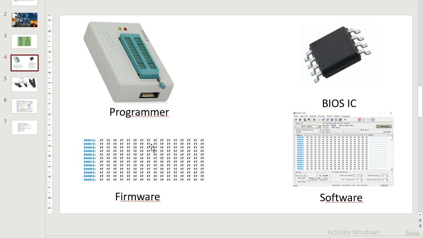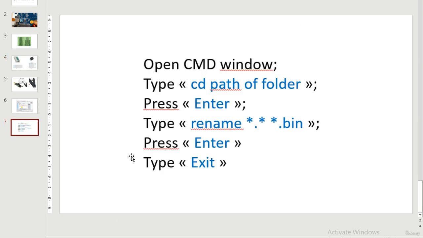You can just go to Google and, for example, type the model of the laptop or computer and drivers, and among the drivers you will find the BIOS driver, but as an executable file. So I taught you, using some commands, how to convert an executable file that has an EXE extension to a bin file or binary file.